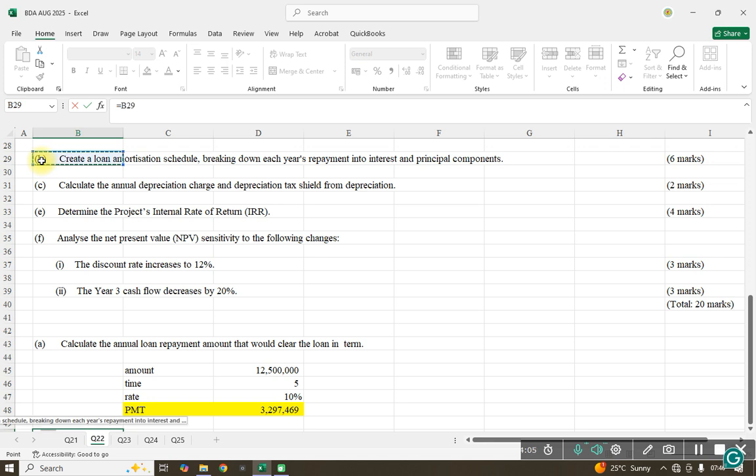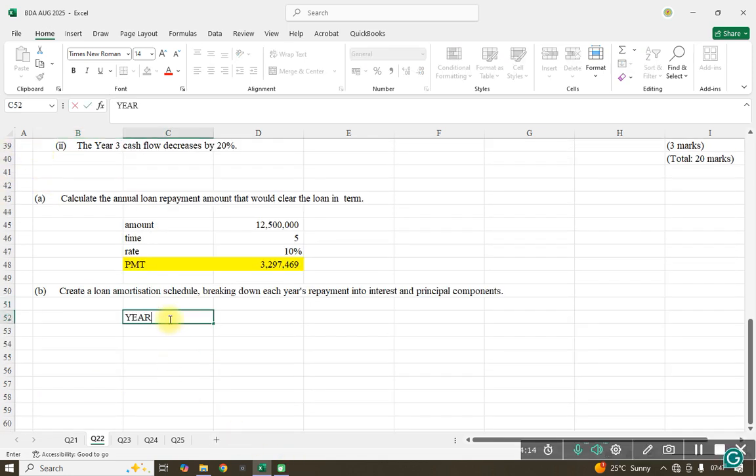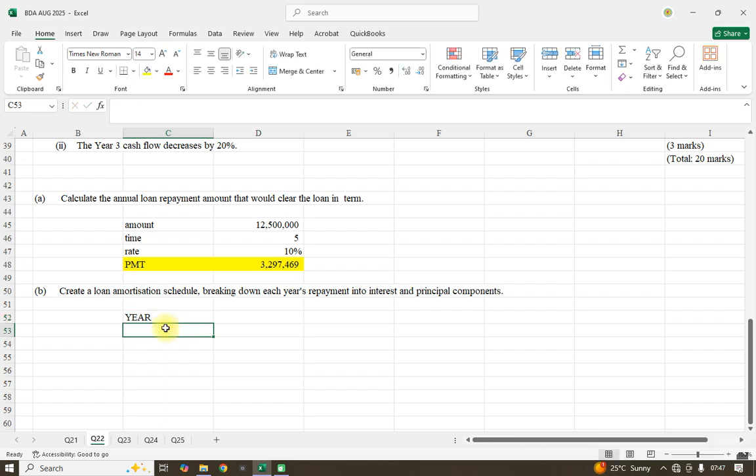And part B, you are to create the loan amortization, breaking it into interest and principal amount. So here we shall have the year starting from year 0, then 1 up to year 5, just autofill up to year 5. So we shall have our PMT here.